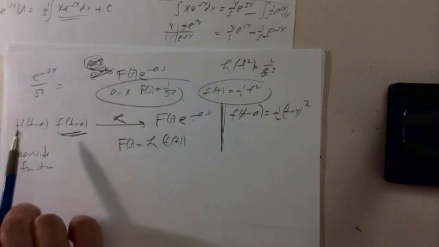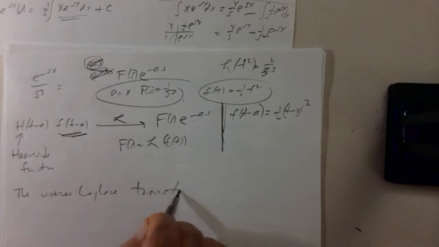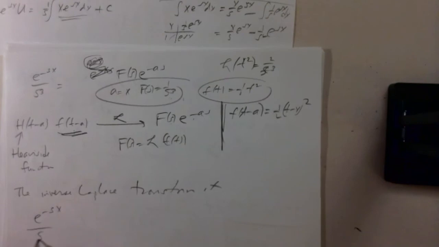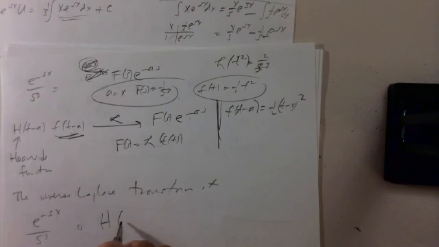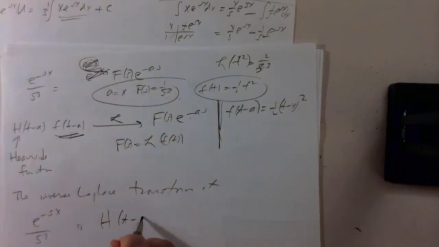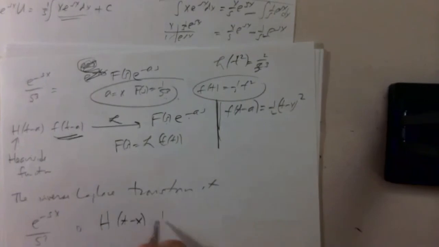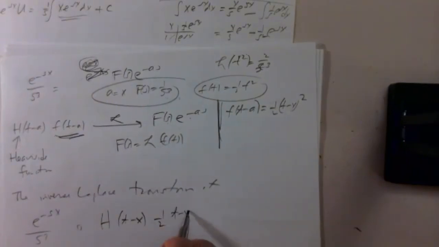So the inverse Laplace transform of e to the minus sx over s cubed is the Heaviside function evaluated at t minus x, times one half t minus x squared.